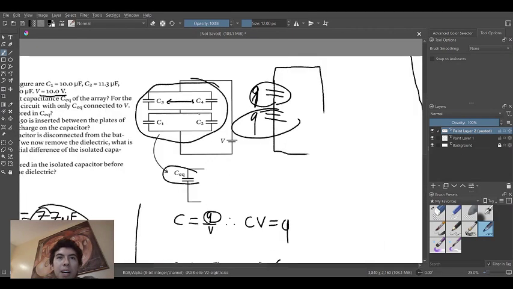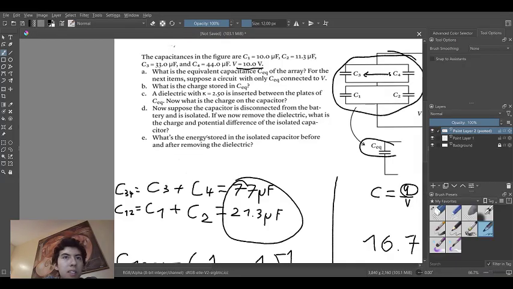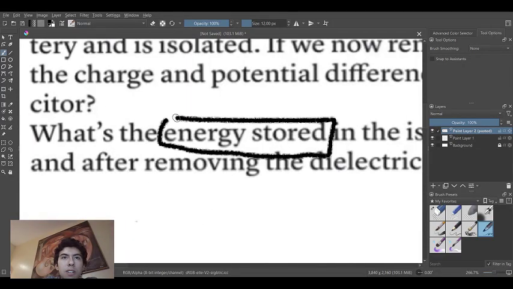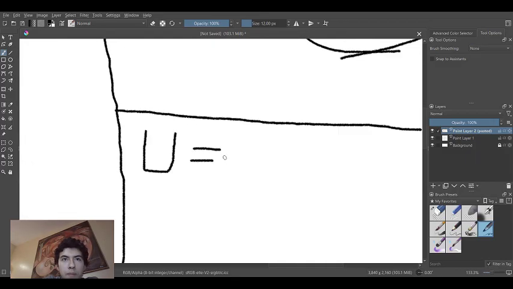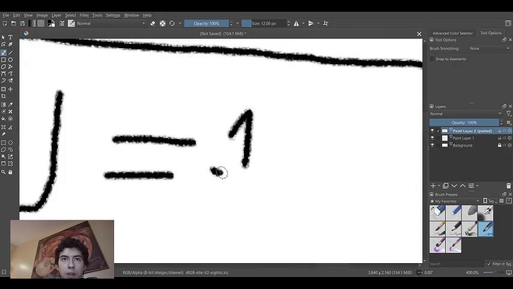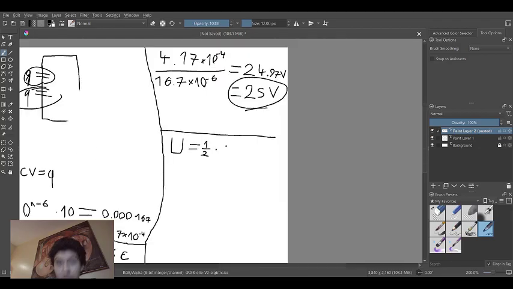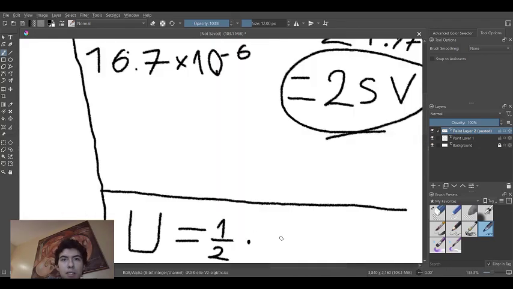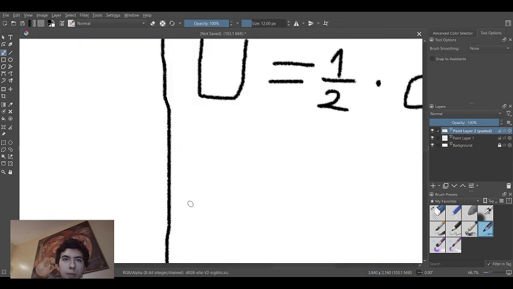Okay, my bad, I'm back. I had to consult the ancient texts. So essentially, to see the energy stored, U, we take the formula 1 over 2 times the capacitance times the voltage squared.